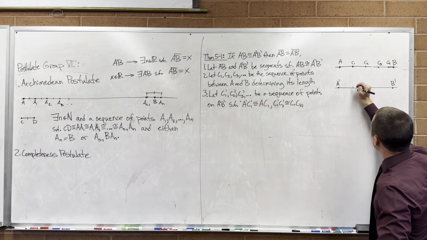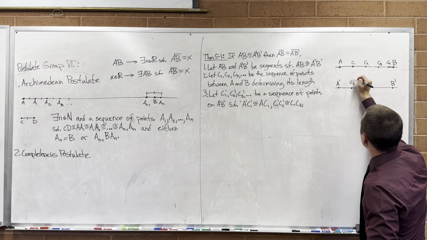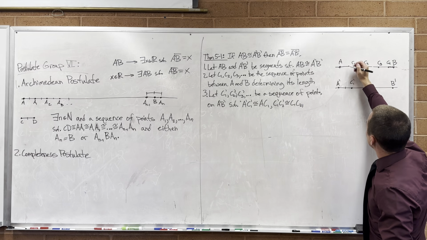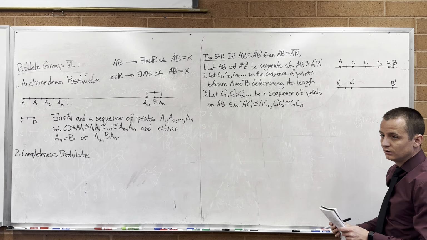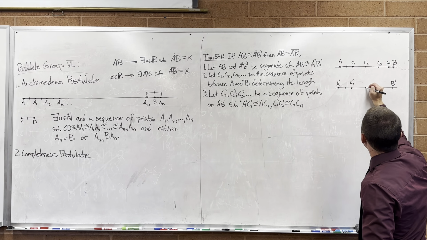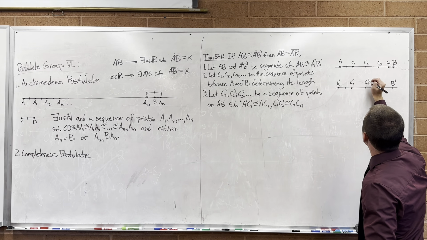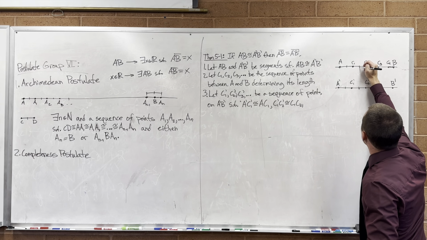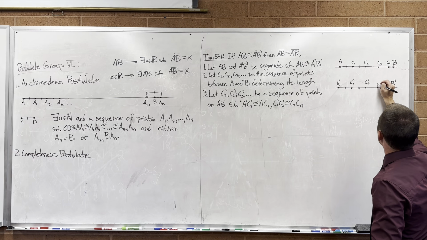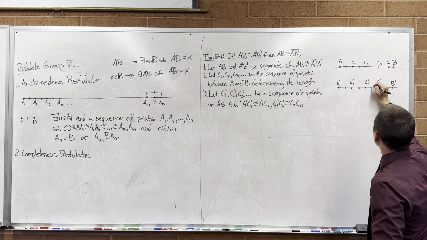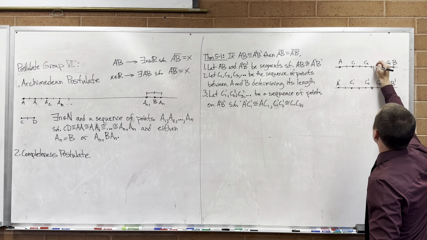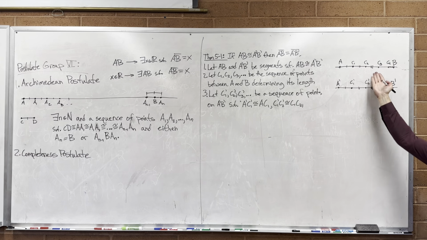So we're coming and we're marking points over here. Here's C1 prime. And by definition, this is now congruent to that. And I'm going to mark C2 prime now over here. And by definition, this is congruent to that. And I'm going to mark C3 prime over here. And by choice of what these points are, that is congruent to that.